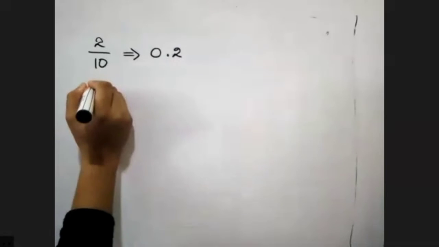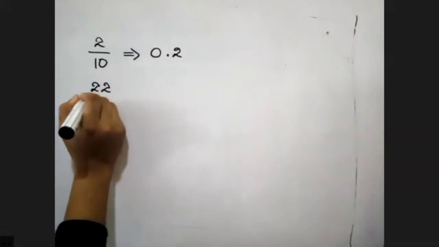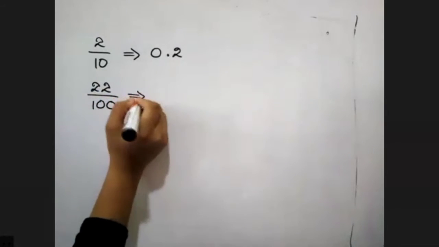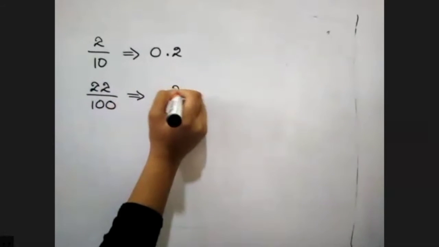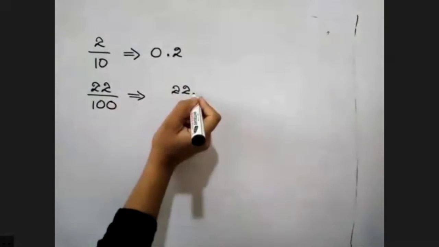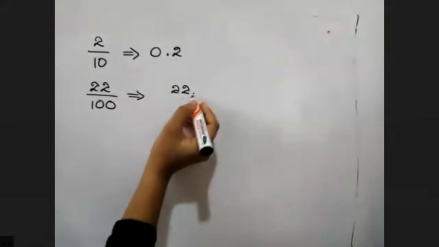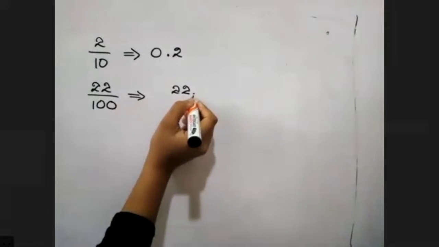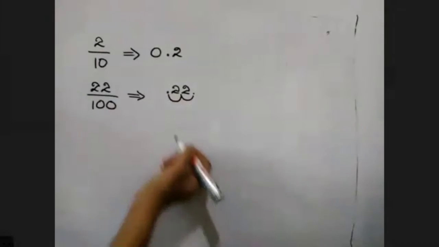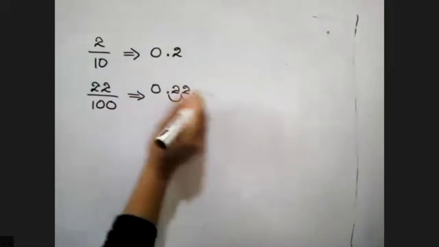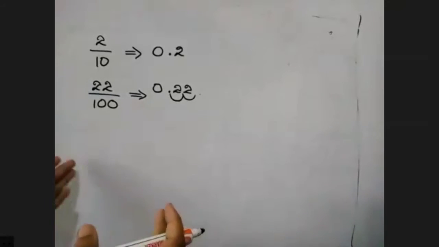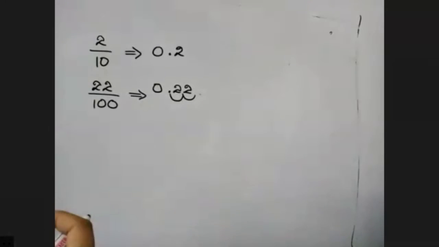But if I write 22 over 100, I can write down here whole number 22, and my decimal point is here. If I want to place the decimal, I can take 1, 2. Now we are going 2 times to the left-hand side and we are getting 0.22. So if you have the denominator 100, this is how you write down the decimal.